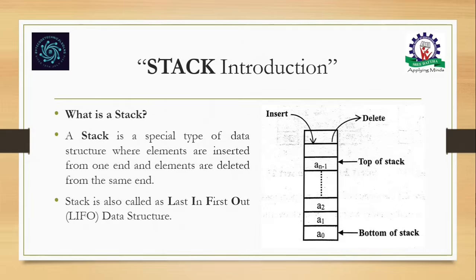So it behaves with the property that the element last inserted in the stack will be the first element removed from the stack. So it exhibits the property of last in first out. So stack is also called a LIFO data structure.